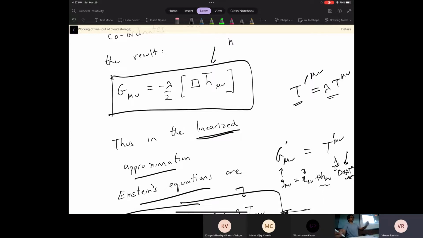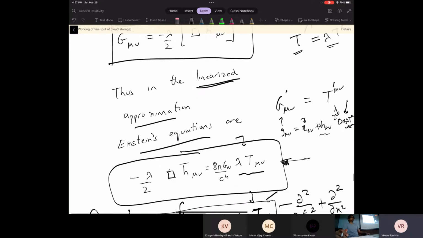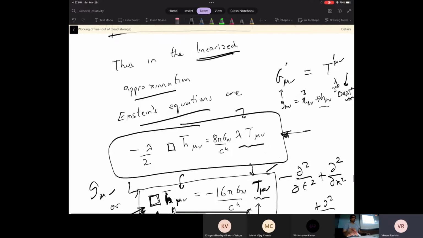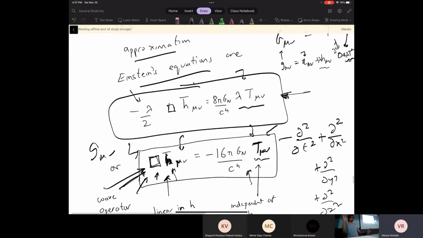At the end of the calculation, anyway, I set lambda to 1. So at the end of the calculation, if I set lambda to 1, it doesn't matter. This equation is still the same, right? Because I work to first order in lambda. I'm just keeping track of the fact that this is first order in lambda. The right hand side is first order in lambda. So in the small parameter, whatever that small parameter is, this is the right equation to solve.